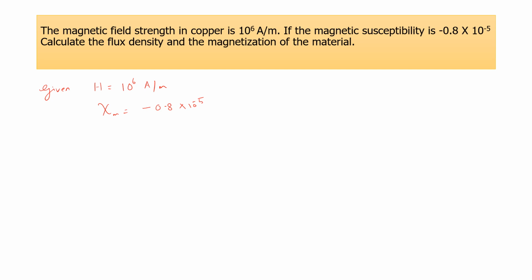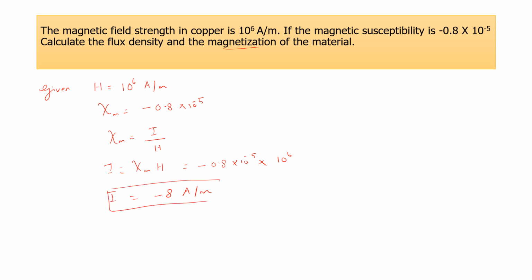So chi-m is equal to I by H. So what I want is magnetization. That's what is asked in the problem. Okay, so I is equal to chi-m into H. So chi-m is minus 0.8 into 10 power minus 5 into H is 10 power 6. So you get minus 8 ampere per meter.